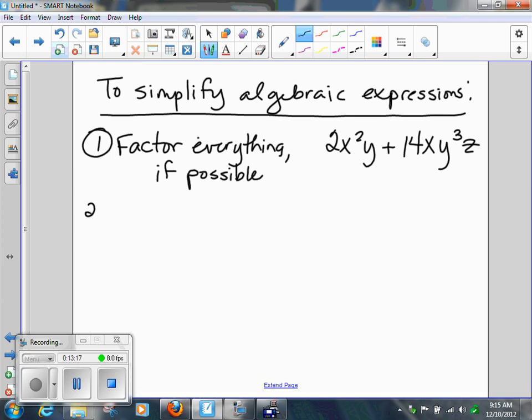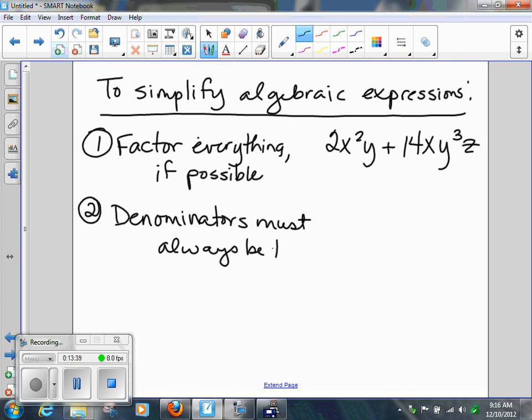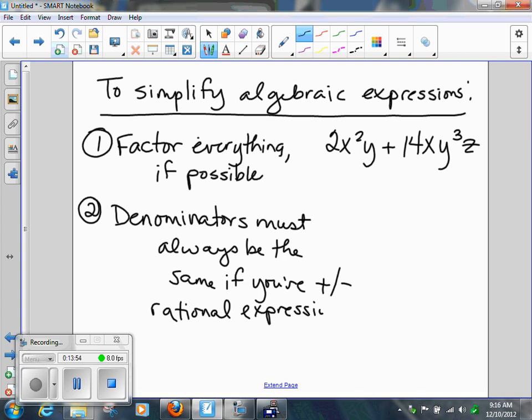And then, just in case you had a rational expression, just remember that your denominators must always be the same if you're adding or subtracting rational expressions, meaning fractions. You always have to have common denominators.